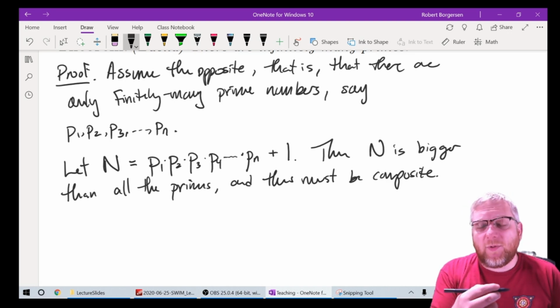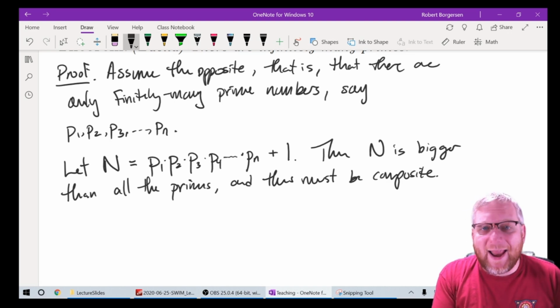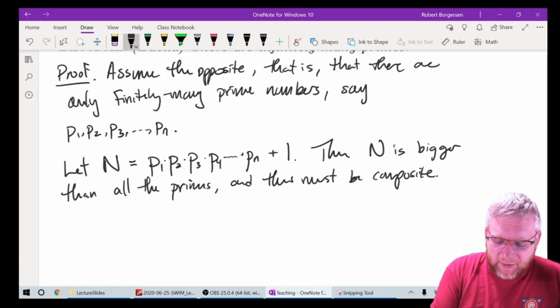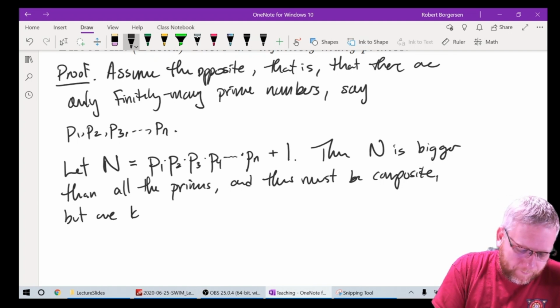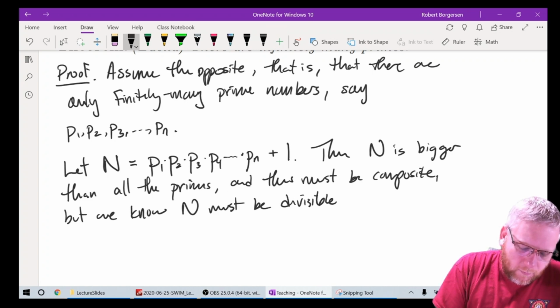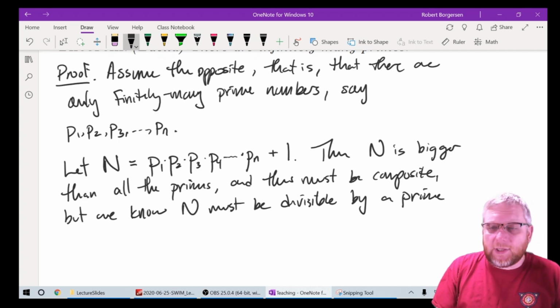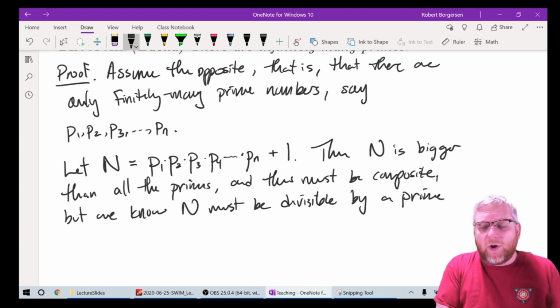But in another video we proved that every integer is divisible by a prime. So N must be divisible by a prime. Now here's the thing. If I've listed all the primes, P1 up to Pn, it must be one of them, right?